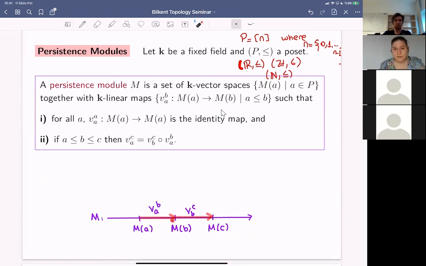Let me label it by V sub A to B. The linear maps should respect the composition, so the composition of two maps is equal to the linear map from M of A to M of C. You may think about a persistence module as a real line R, and at each point you are considering vector spaces and there are linear maps between them. But the direction of each linear map should be to the right.